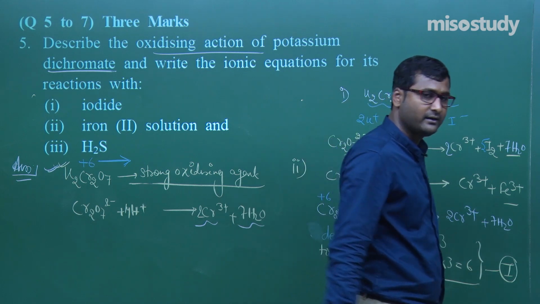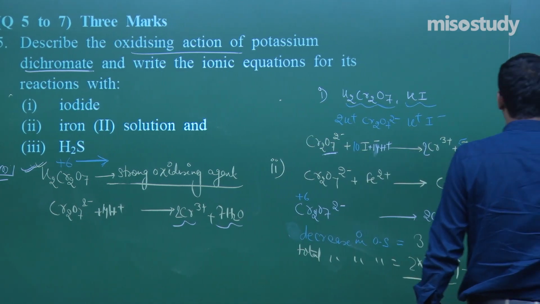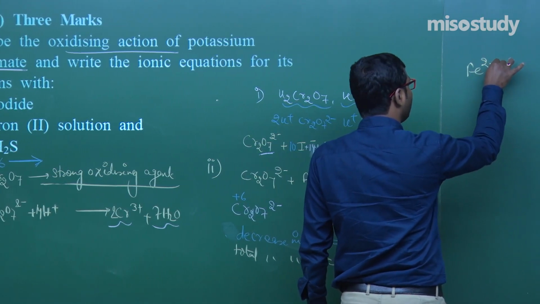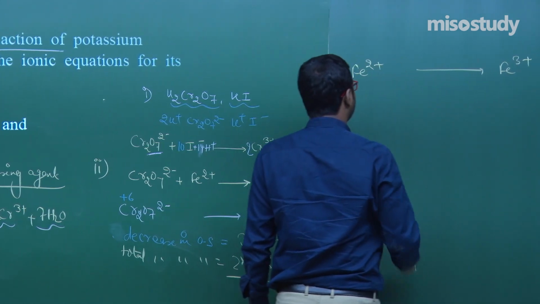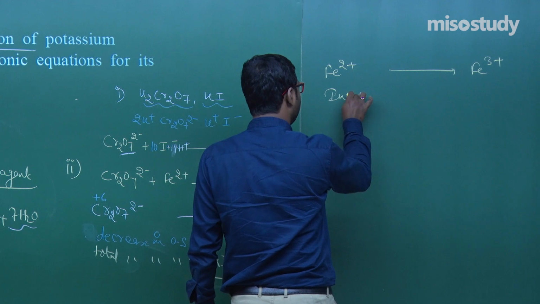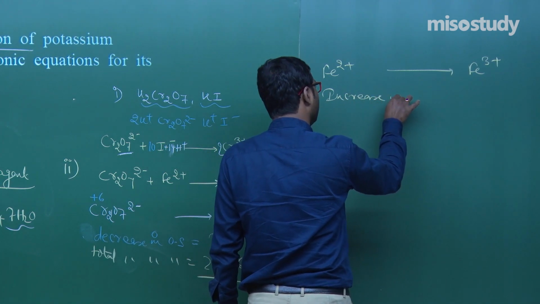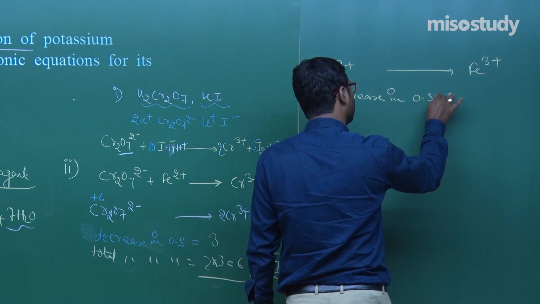I am moving on here, my friend. Now in case of Fe2 plus, Fe2 plus converted to Fe3 plus. Now here is the increase in oxidation state, tell me. The increase in oxidation state is 1.